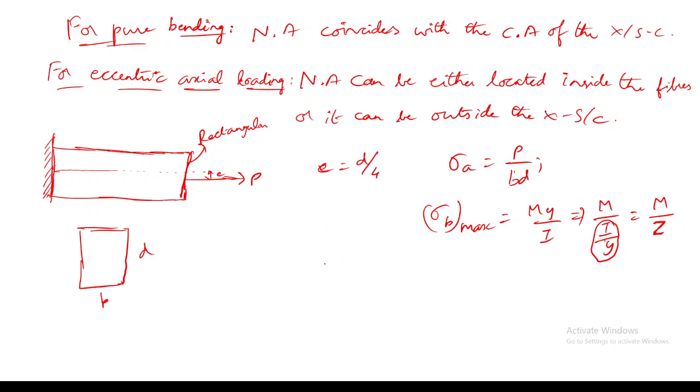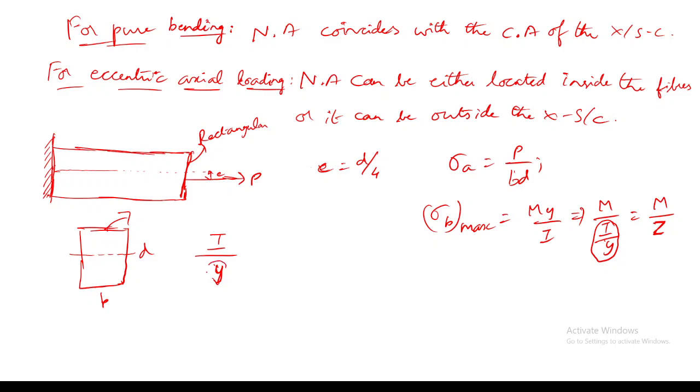So here, what is the definition of section modulus? I divided by Y. Here, what is the distance Y? D by 2, sir. Yeah, D by 2, which means the distance of the topmost fiber, the far away fiber from the centroidal axis.